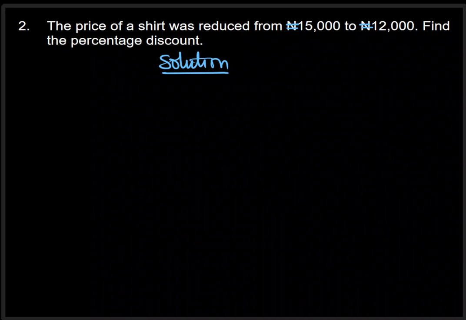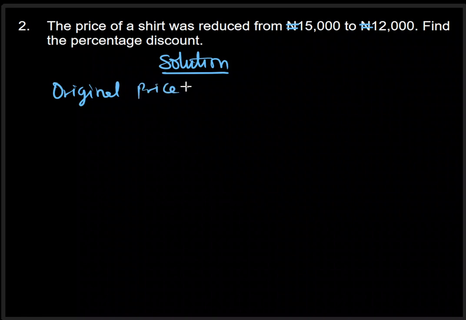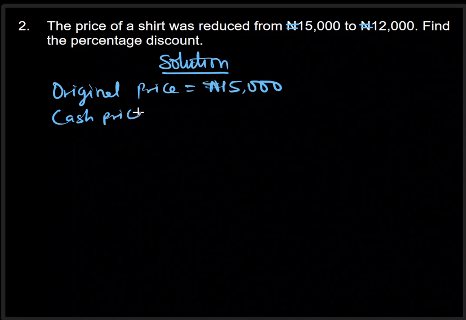That 12,000 naira is not the discount, it is the new price. So our original price is equal to 15,000 naira, and the cash price will be equal to 12,000 naira.